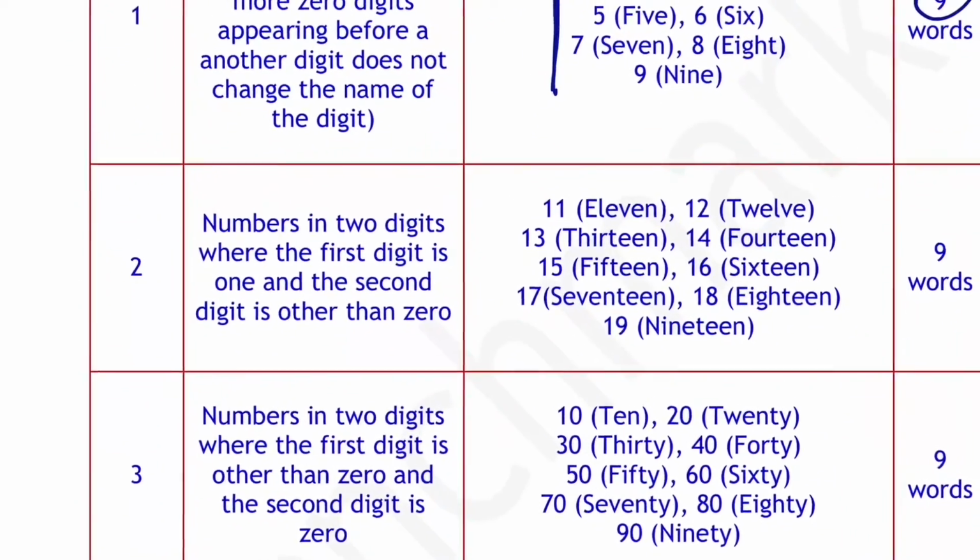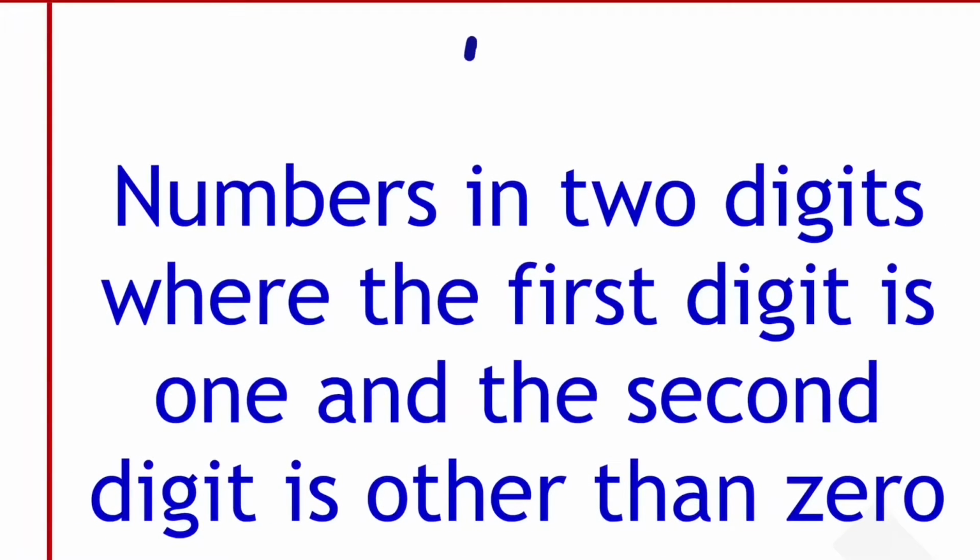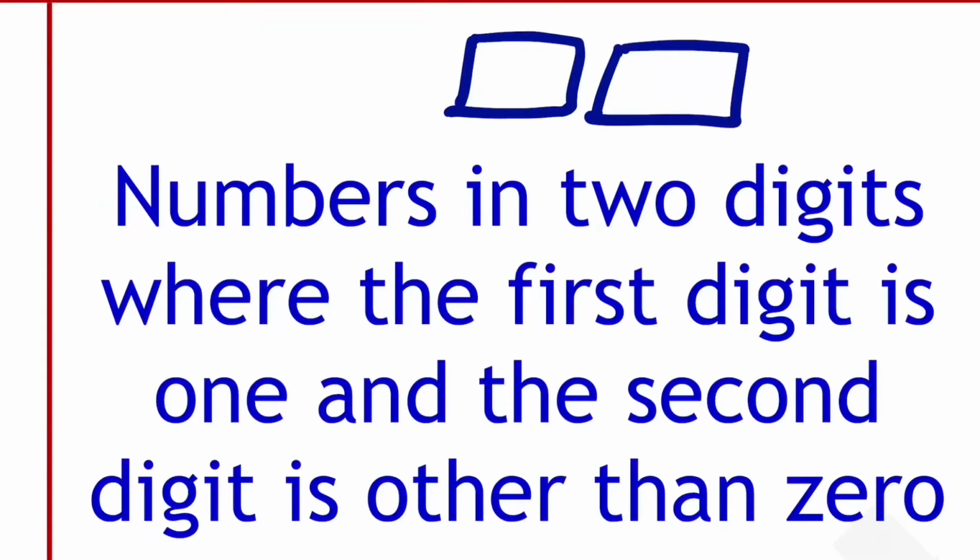Let's look at numbers in 2 digits. Now, we will be having digit 1 as the first digit and other than 0 as the second digit.